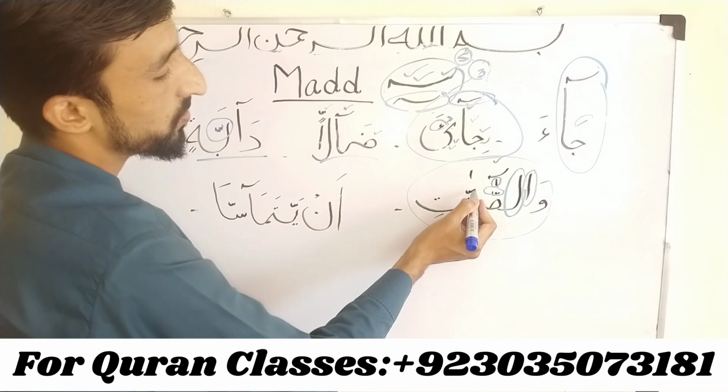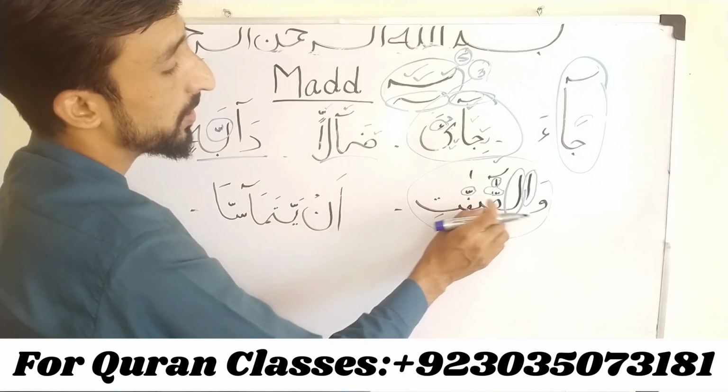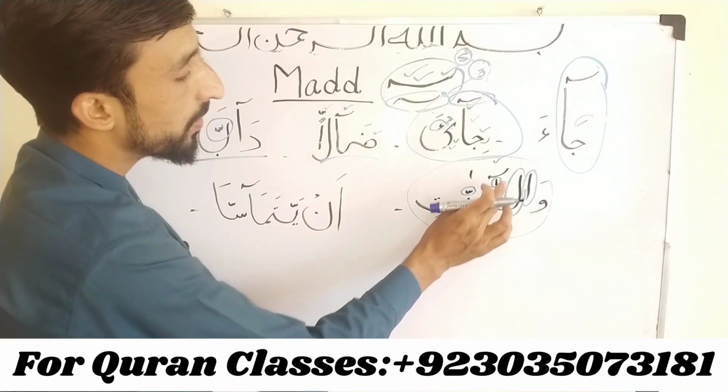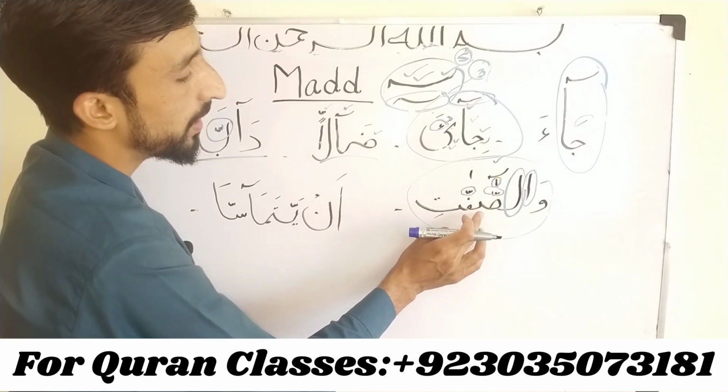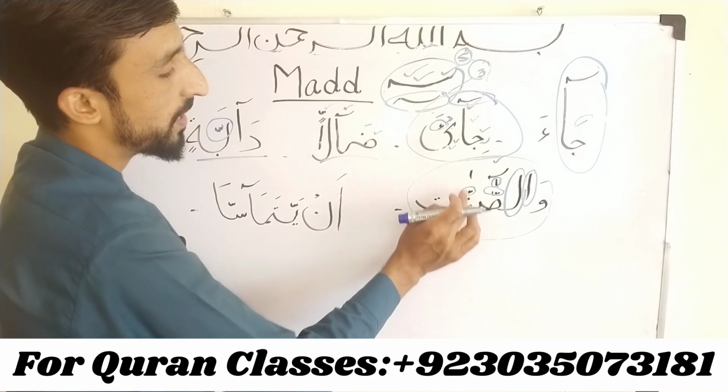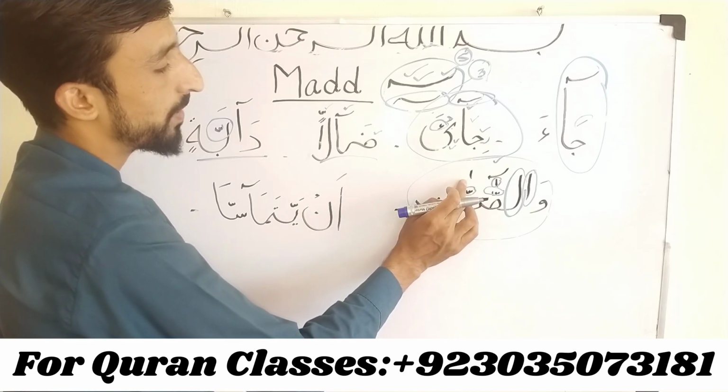Next is fa, and fa has a sign of tashdid. So we combine swad with fa. How do we combine? Swad, vertical fatha, fa. So fa, vertical fatha, fa.